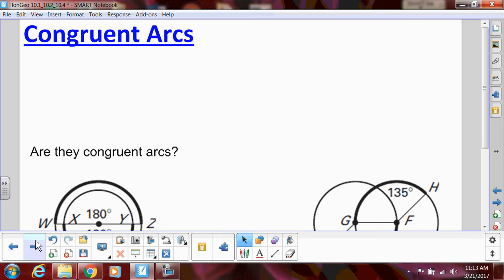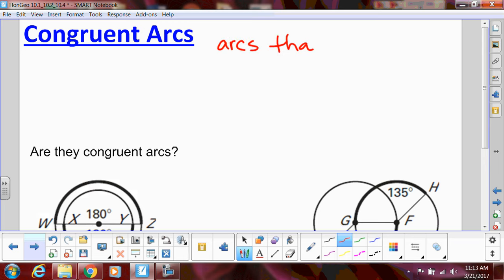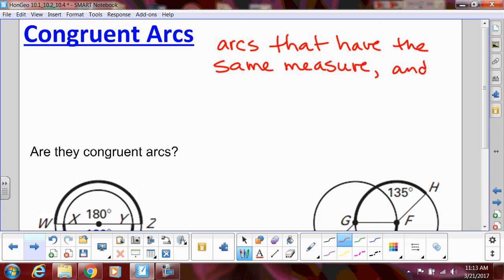All right, so congruent arcs are going to be arcs that have the same measure, and they are in the same circle.